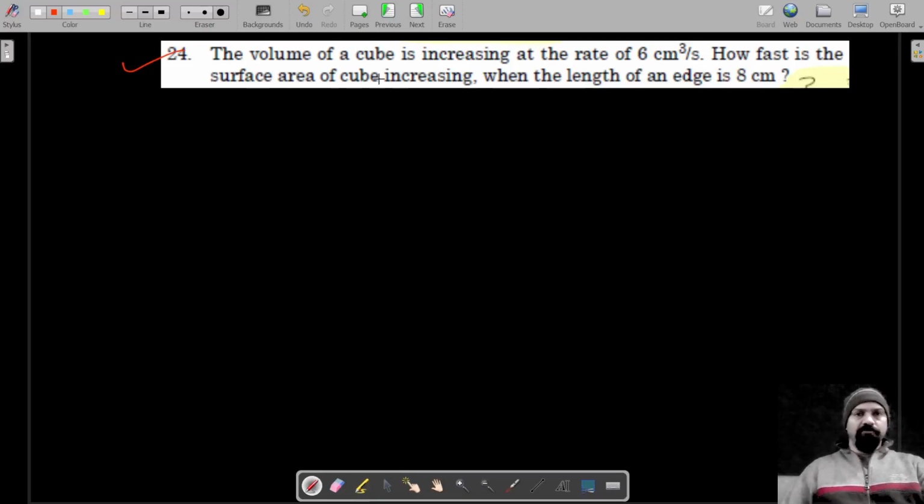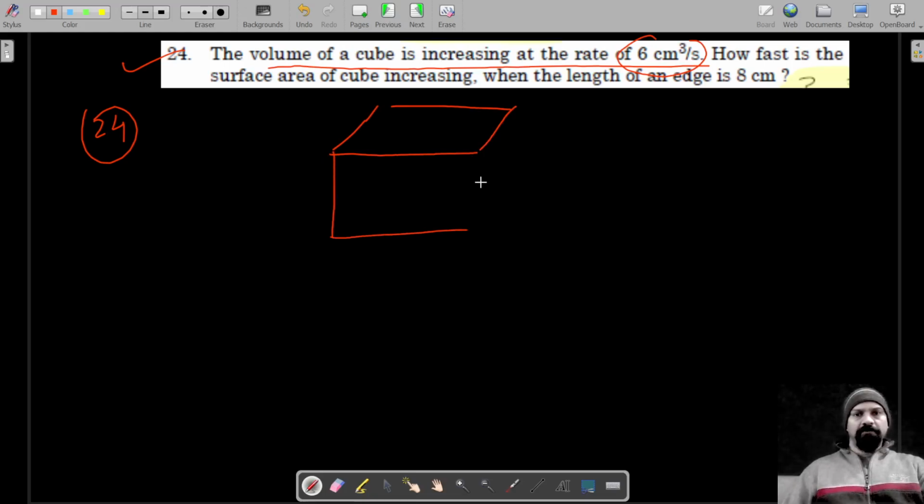Okay, for question number 24, it's given that the volume of a cube is increasing at the rate of 6 centimeter cube per second. Now, we know that a cube has all its edges equal.